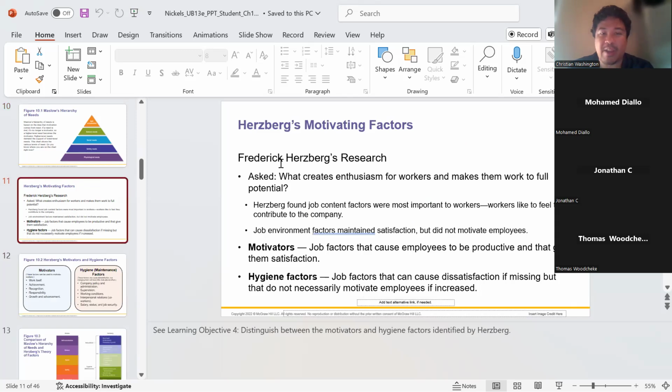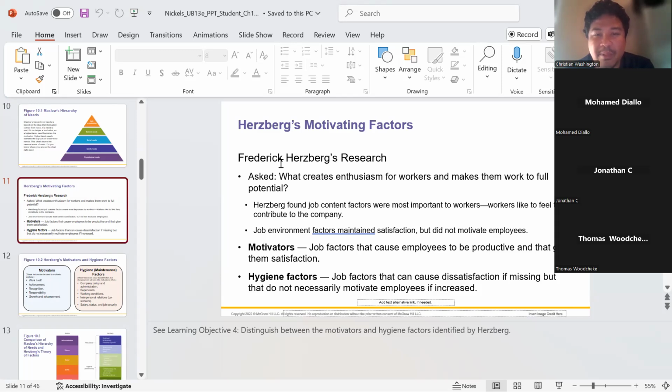Herzberg's motivating factors. So this is all research on human resource and human management studies, work motivation studies. That's what all this is about. So he asked, what creates enthusiasm for workers and makes them work to their full potential?